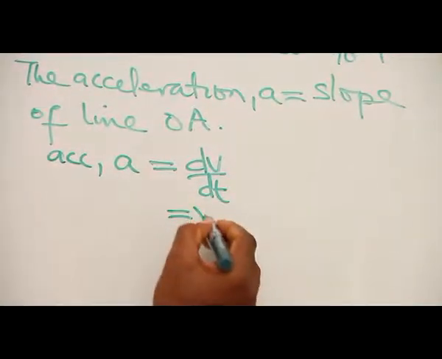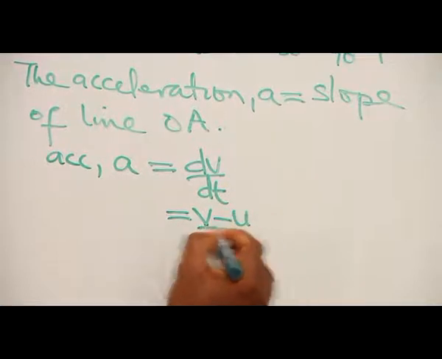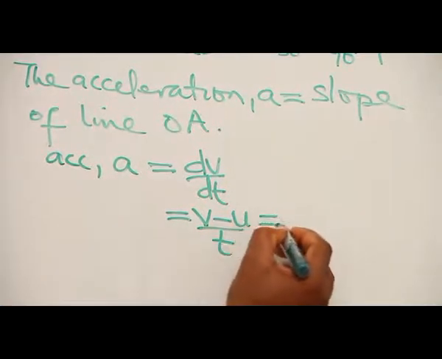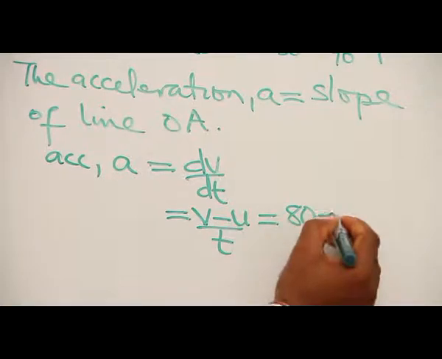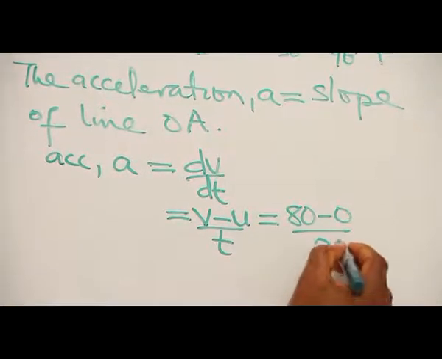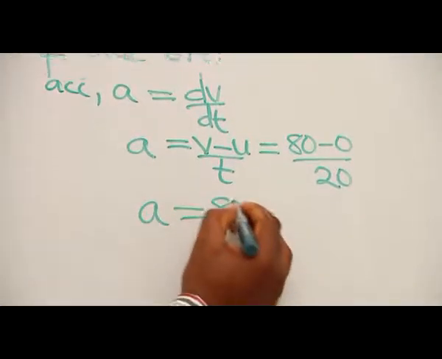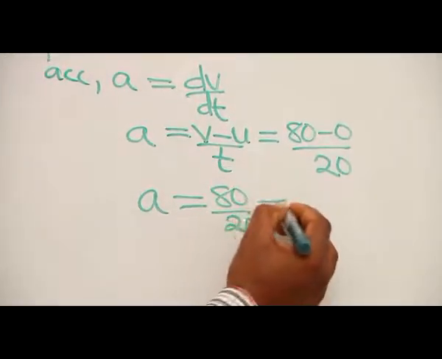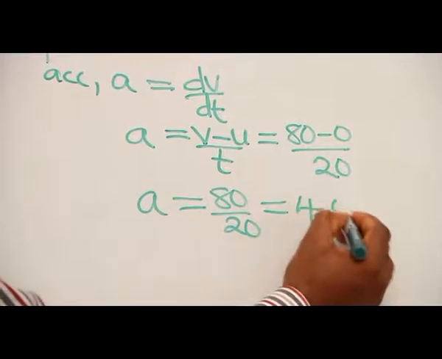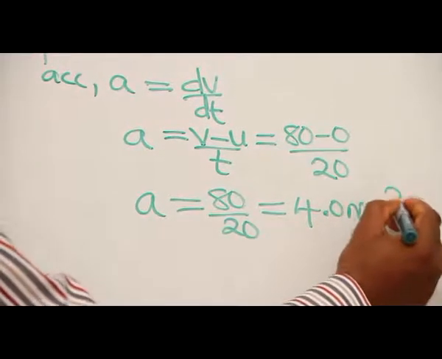That will give us final velocity minus initial velocity over time, and that is 80 minus 0 over time taken for the acceleration, 20. The acceleration is 80 over 20, which is 4 meters per second squared.